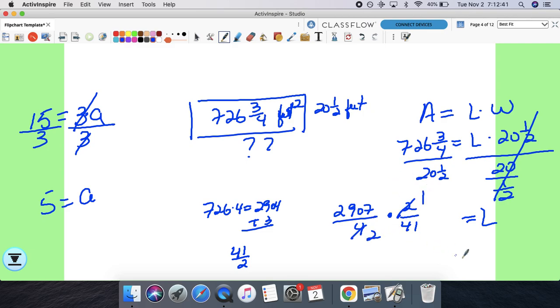And this simplifies, so I end up getting 2,907 over 82. And if you change that to a mixed number, you get 35 37 over 82. And that's the length of that playground.